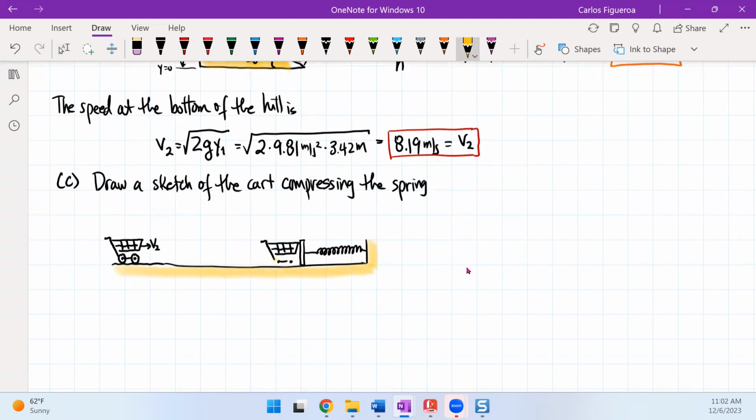So here are my wheels. And all we know is that this cart is moving with the speed of v2 that's the same at the bottom. And then what's going to happen? This cart is then going to compress the spring.